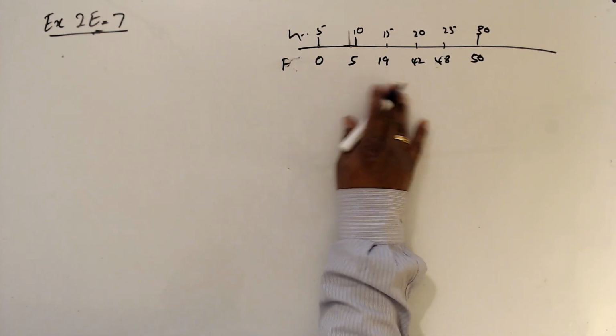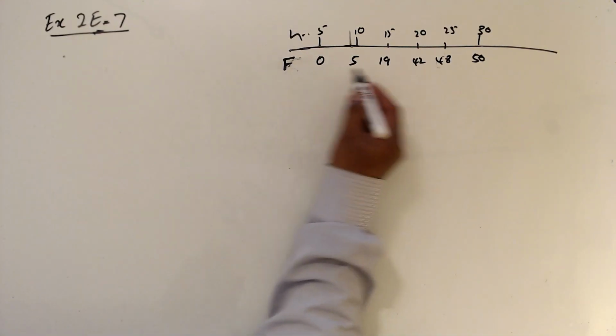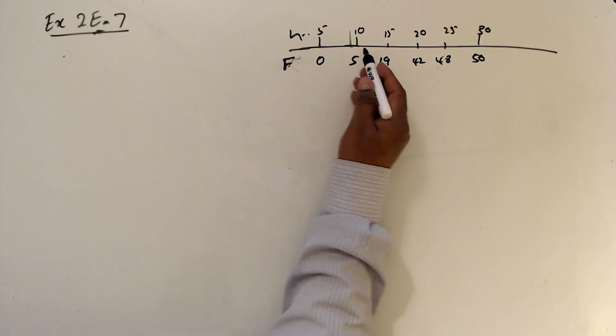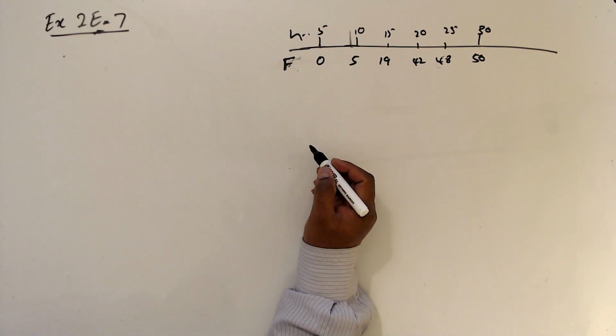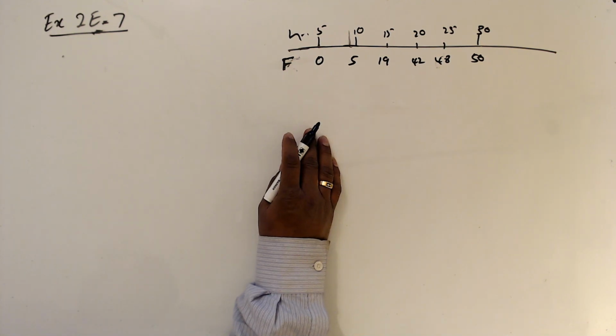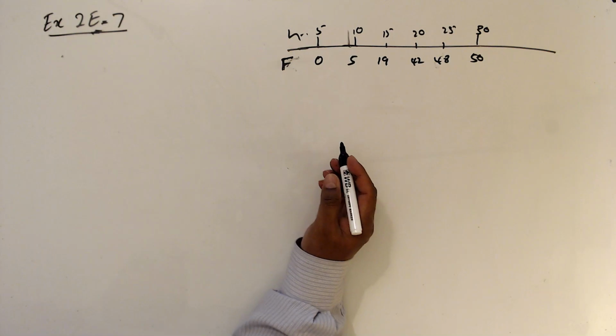So this is the cumulative frequency, and H is 5, 10, 15. And the person is complaining, we want to find the mean first, mean of this one, and the standard deviation. Okay, we'll work on this one now.